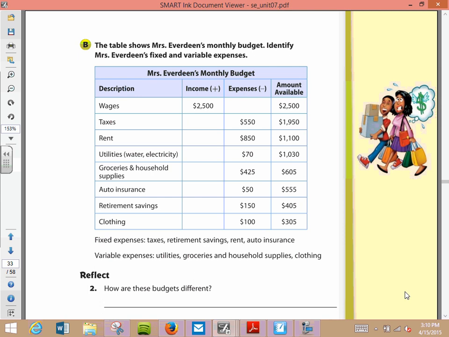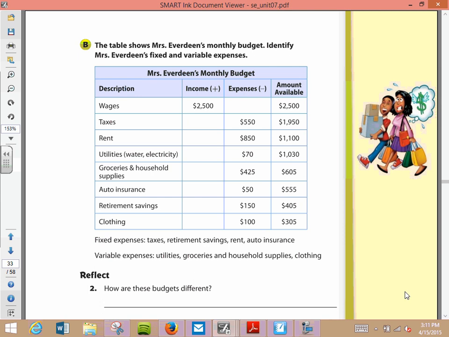You can go and buy some things this week, and then the next week you have something else. It's never the same. I have never spent exactly the same amount of money on food ever. It's always different, because the prices go up and down in the grocery stores, that's why they vary also. What about auto insurance? The same, right? It just comes out of your paycheck exactly the same way. Retirement savings? The same. It's savings. It comes out of your paycheck the same way too.